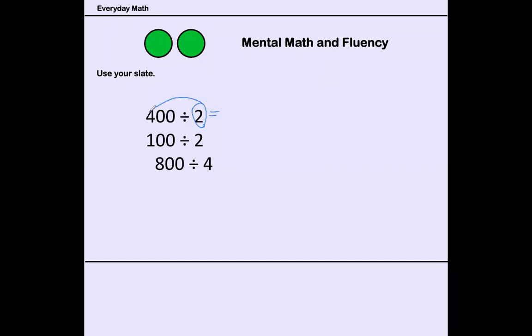Two goes into 4 how many times? 2 times. Add the 2 remaining zeros. 2 does not go into 1, so we have to do 10. 2 goes into 10 5 times and add the remaining 0. 4 goes into 8 how many times? 2 times, and 2 remaining zeros right there.